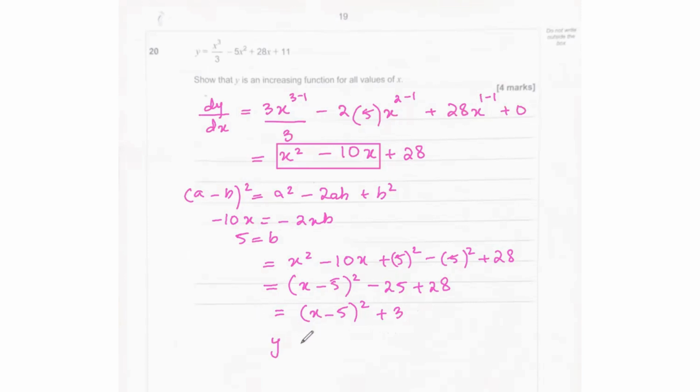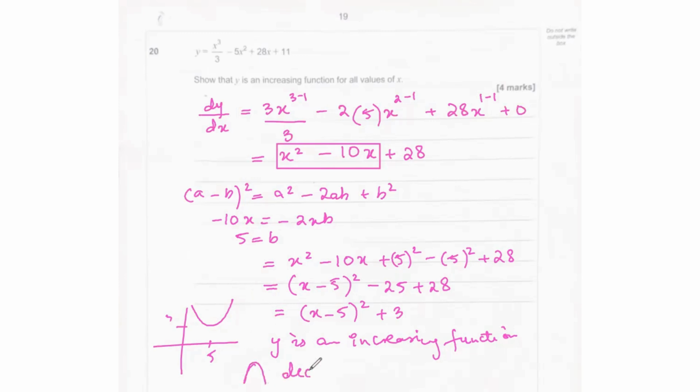So y is an increasing function. Also, if we draw this, x is 5, y is 3. So it's like this. It's increasing. It's a minimum function. If it was a maximum function, it would be upside down.